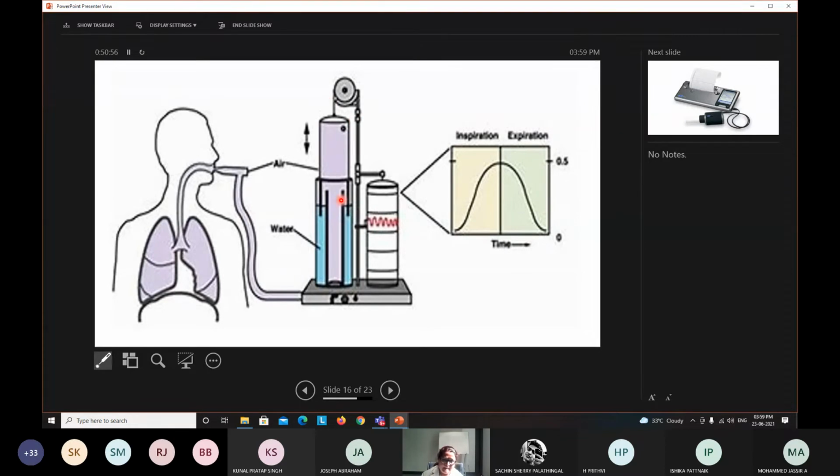So as the bell comes down, the pen moves up. So you will get upstroke during the inspiration. Whatever upstroke you get is during the inspiration. The opposite happens during the expiration. The bell moves up and the pen moves down. So during the expiration, the downward stroke.